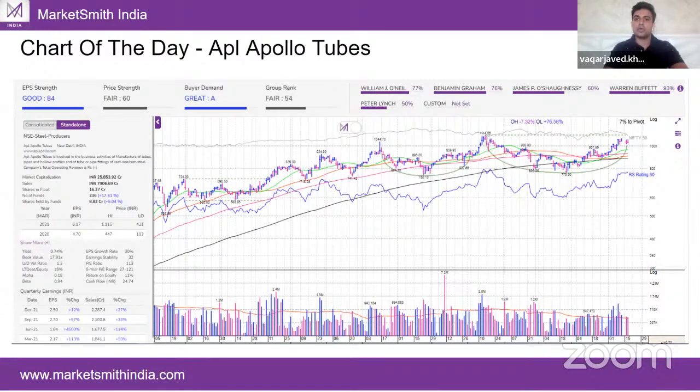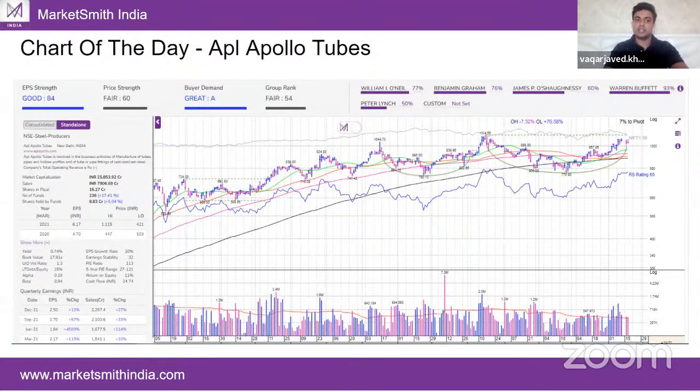Given a strong fundamental and earnings profile, we can see that EPS strength is already very high at 84. Talking about buyer demand, it's great at A, which can be seen as strong accumulation is happening on the right hand side of the cup base formation for the stock.